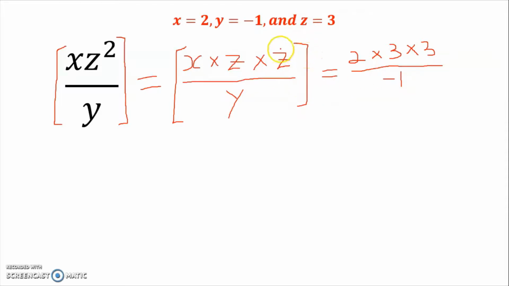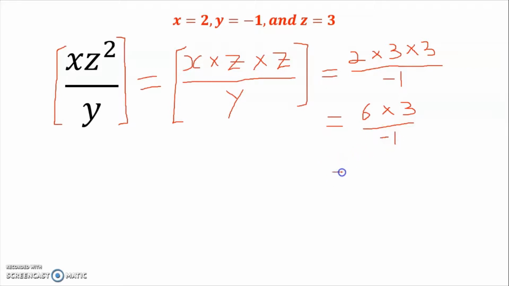Now let's simplify. 2 times 3 equals 6, and we multiply that by 3. We just bring down the 3 and divide all that by -1.